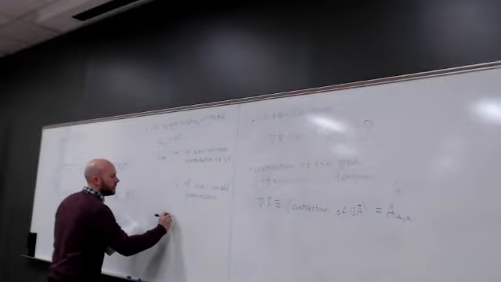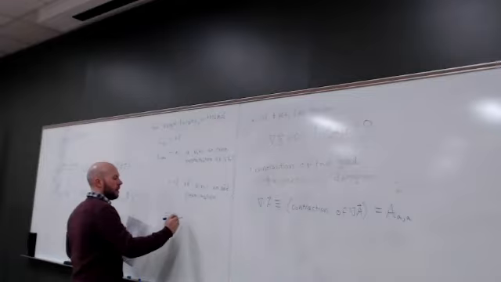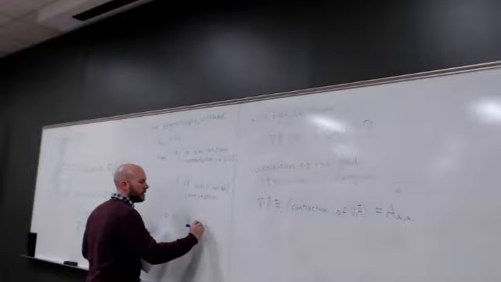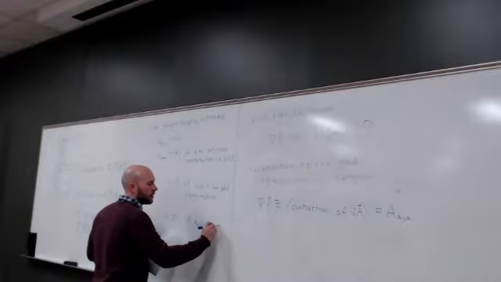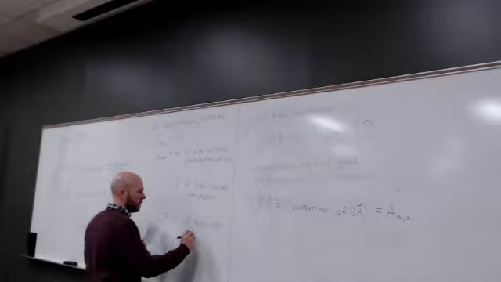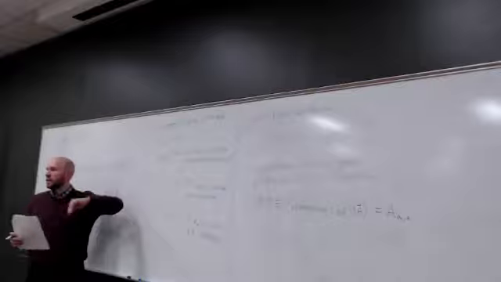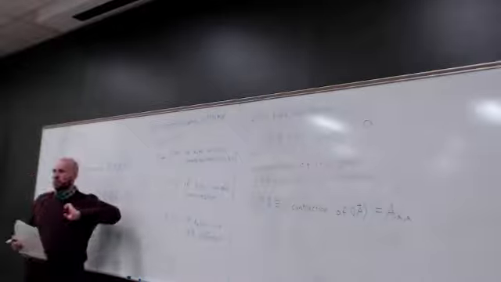And it's equal to 0 if A, B, C are not all different. So if any two of the indices are the same, it's 0.